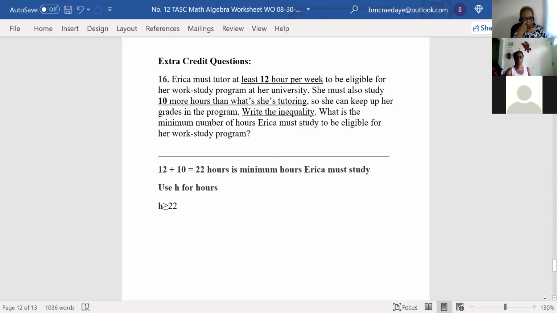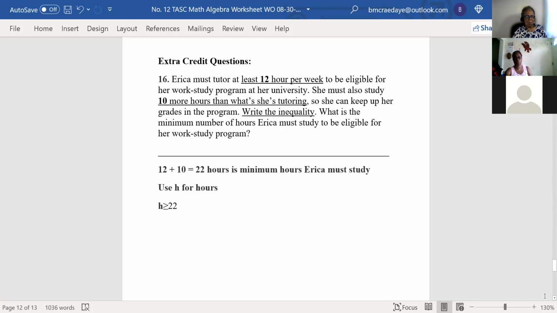She must also study 10 more hours than what she is tutoring, so she can keep up her grades in the program. The inequality is the minimum number of hours Erica must study to be eligible for her work study program. So I add 12 to 10 and I get 22.